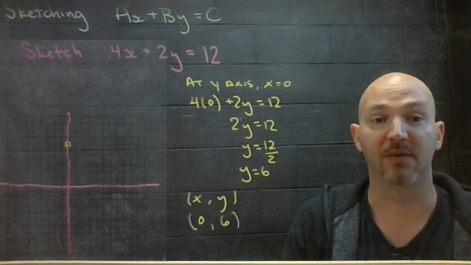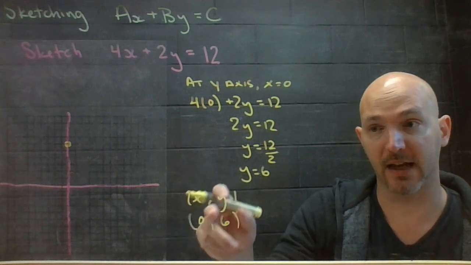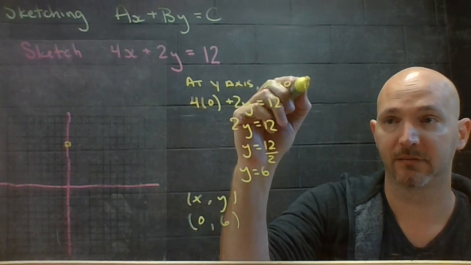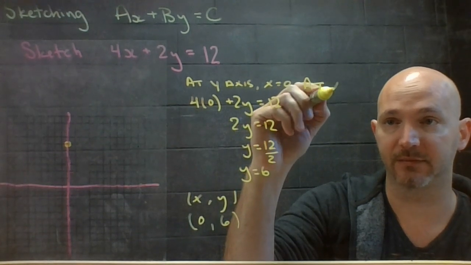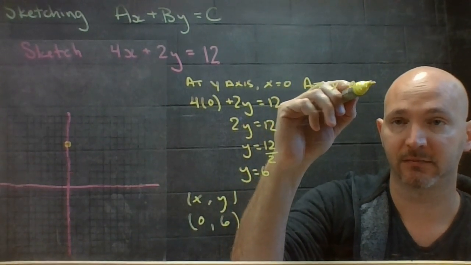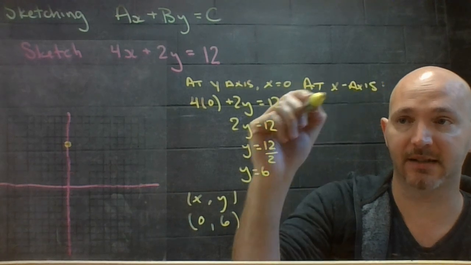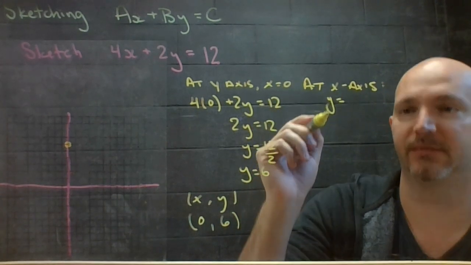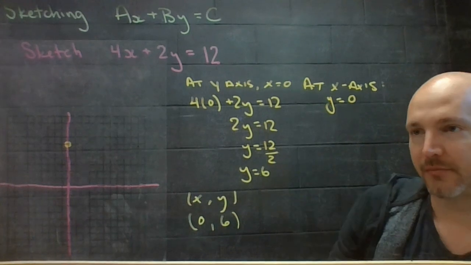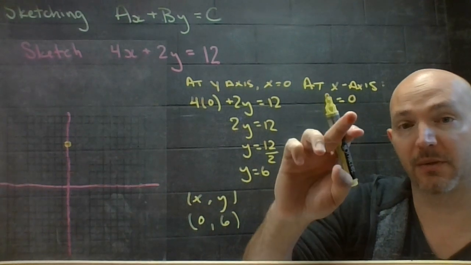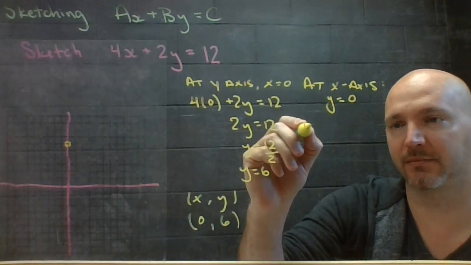All right, so similar thing, we're going to do this at the x-axis. I hope my face isn't in the way. The x-axis, the y value is 0. So I'm going to put that into this equation.